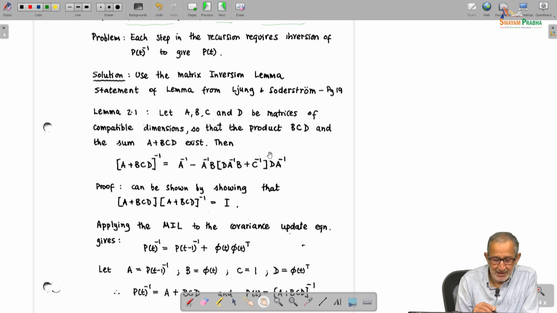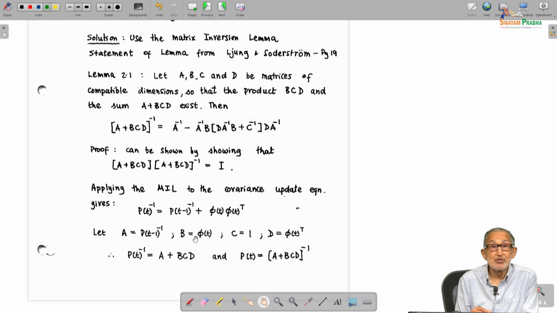So let's apply the matrix inversion lemma to the covariance update equation. Remember, this update equation says the following: the covariance matrix at time t is equal to the covariance matrix at time t minus 1 plus phi phi transpose. Let A be equal to this term here, let B be equal to phi of t, let C be equal to 1, let D be equal to phi transpose.